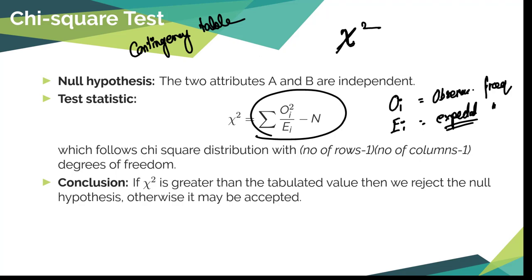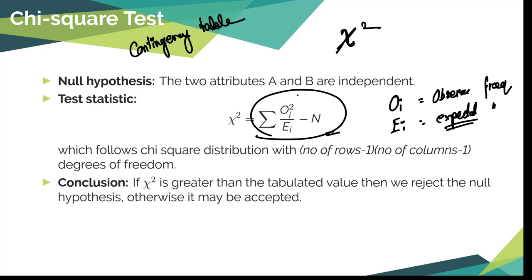From that contingency table, we will calculate the expected frequencies, right? Once the expected and observed frequencies are calculated, we will place the values in this formula, and if this value is greater than the tabulated value, we reject the null hypothesis. If the value is less than the tabulated value, then we may accept the null hypothesis, right?